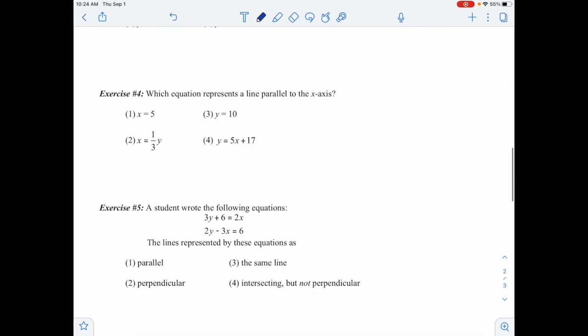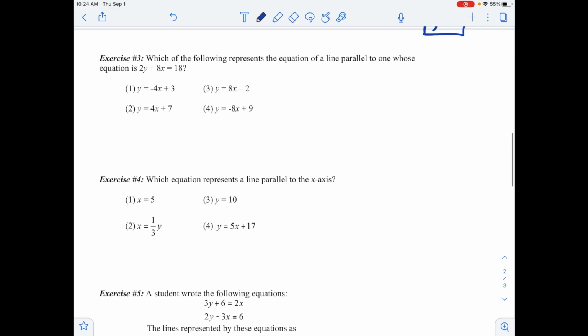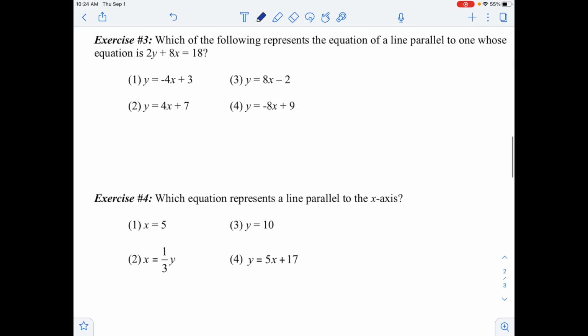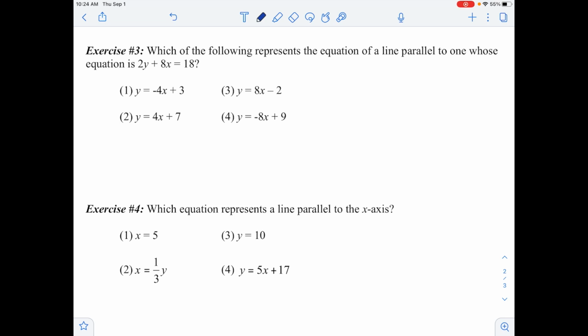All right, we have a couple of quick questions here, and then that'll be it. So in this multiple choice question, it says, which of the following represents the equation of a line parallel to one whose equation is 2y plus 8x equals 18? Let's figure out what the slope of 2y plus 8x equals 18 is.